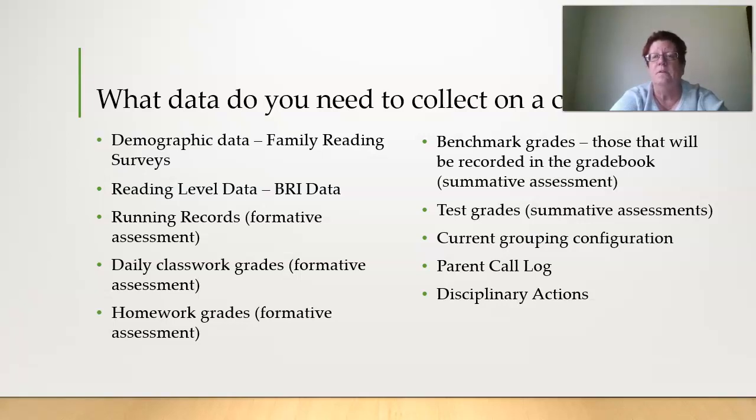And then at the end of the day, I would take that label off and put it on a sheet of paper in my data notebook so that I could see what my observational data was, what my running records were. And I noted down all kinds of things, anything I thought I needed to remember about the progress that child was making in class went on those labels.